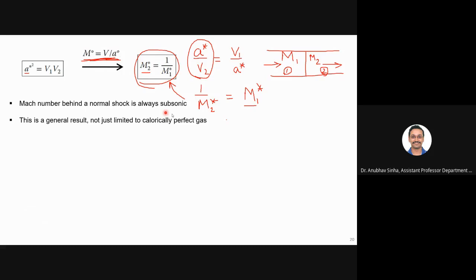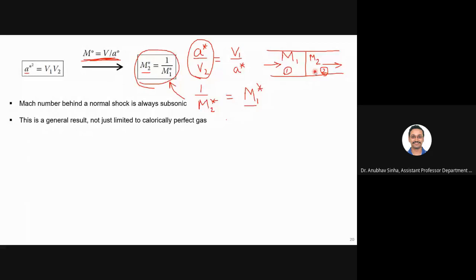That is one of the basic fundamental concepts in shock. This is not limited to calorically perfect gas, but in general, whatever type of gas you have, this will definitely be there. Before the shock, M1 is supersonic and then it becomes subsonic. So this is one characteristic feature of a normal shock.